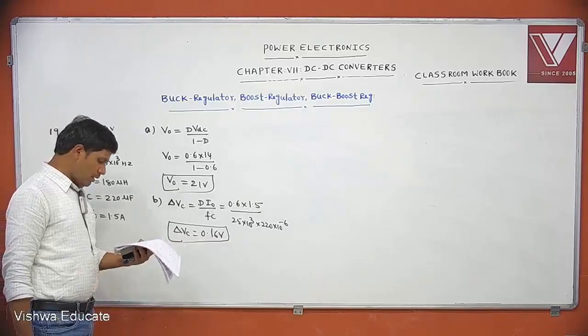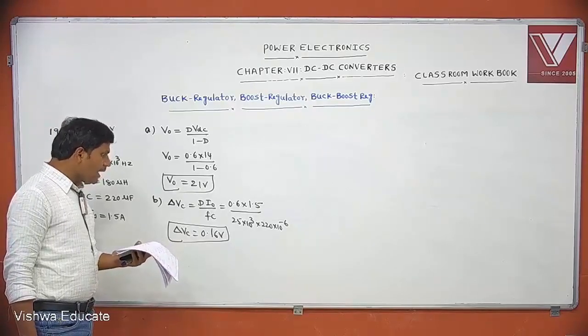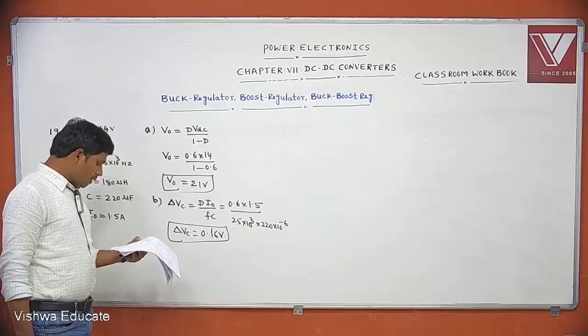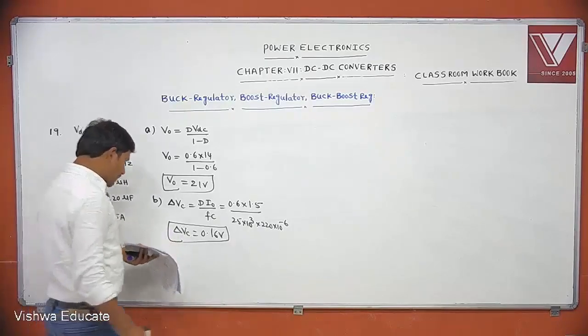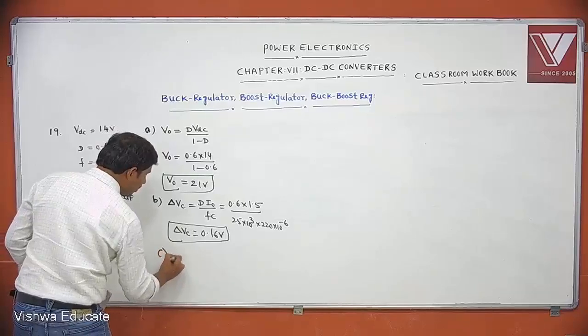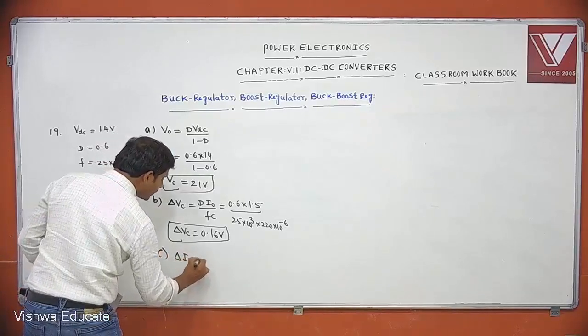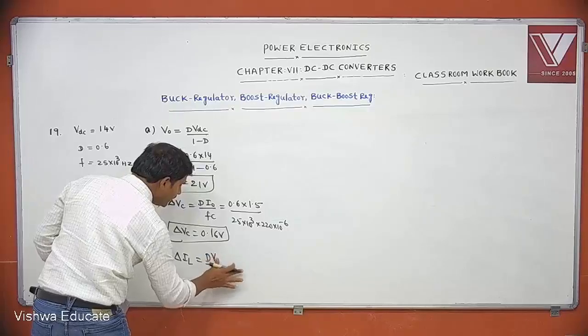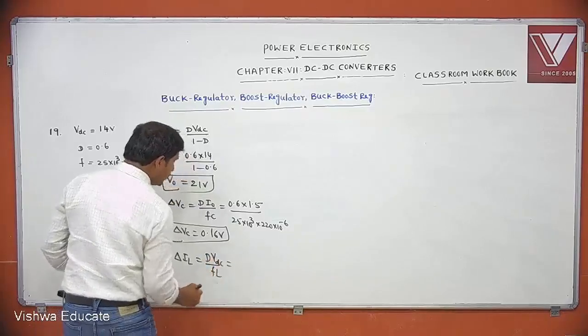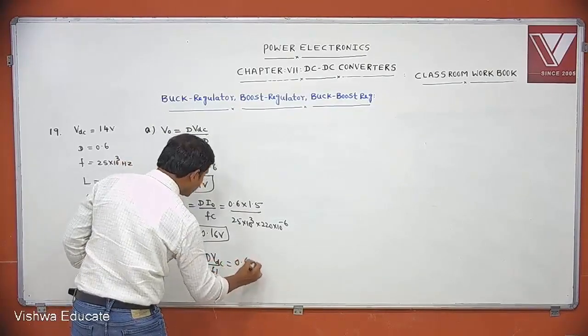Then you also calculate the peak to peak inductor ripple current. What is the delta IL formula? dVs by FL, that is dVDC by FL. Duty cycle is how much? 0.6.